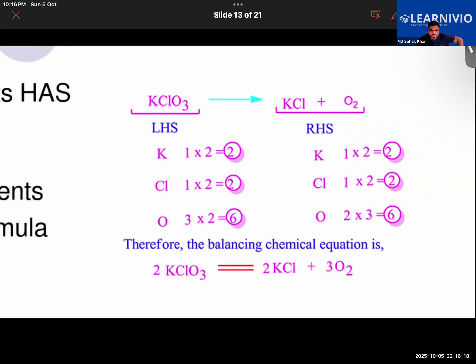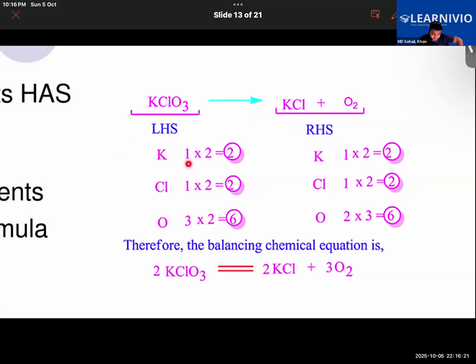Look here, Halima, once again. Earlier, how many atoms were there on each side? One potassium atom, K for potassium, one chlorine atom, and three oxygen atoms here, right? O3 means three oxygen atoms. Similarly, here you have one potassium atom, one chlorine atom, and two oxygen atoms. Then the oxygen atom is unbalanced, a different number of oxygen atoms.